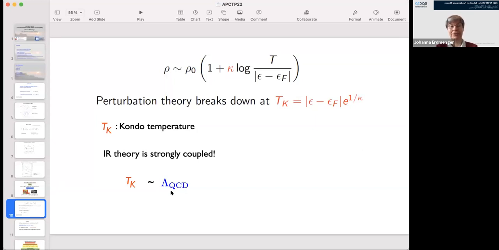In QCD, there's also a scale called lambda QCD, at which perturbation theory breaks down. So in some sense, you can view this Kondo model as a very simple toy model of QCD, because it has exactly the same quantum field theoretical behavior. And that also motivates a lot of the theoretical interest in this model. And that will become very important later also for us.